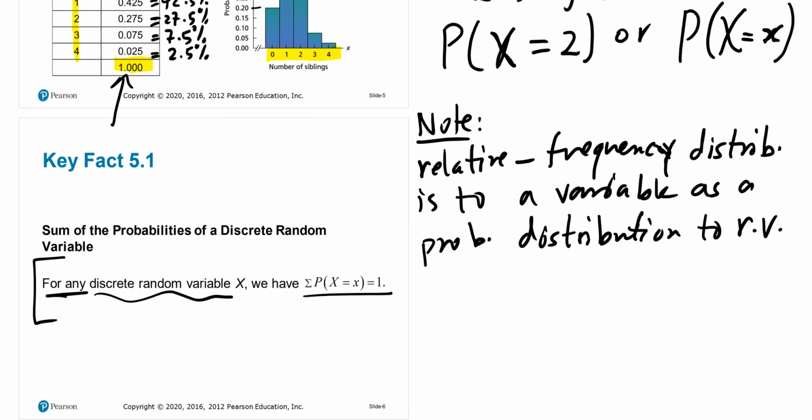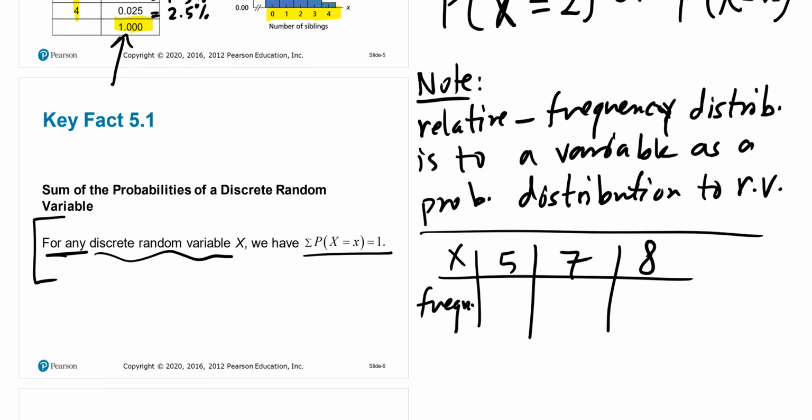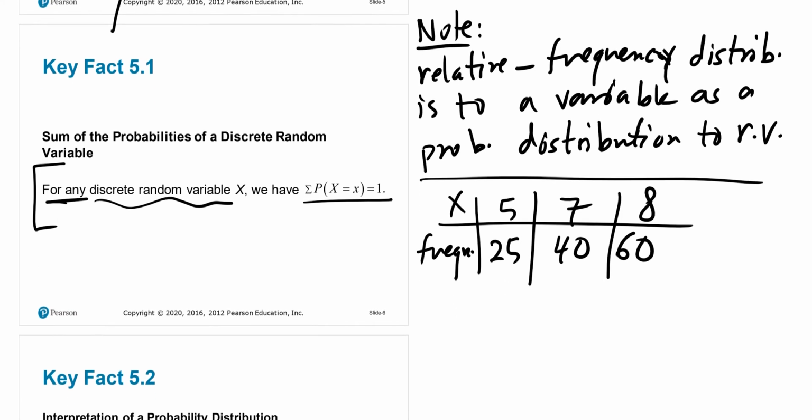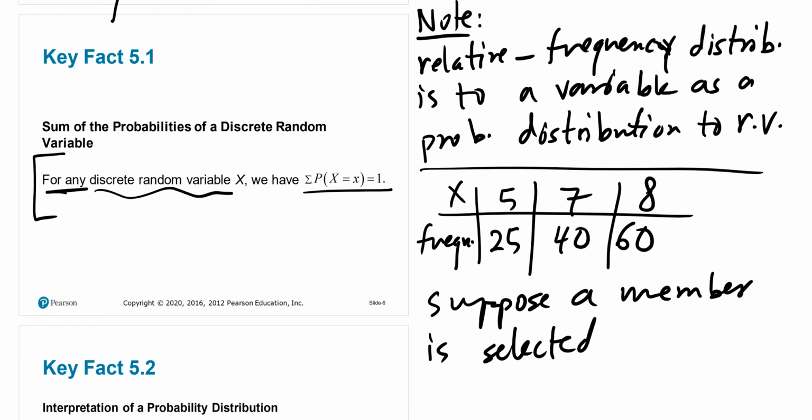So now let's take a look at another example. Let's say we have the random variable x with values 5, 7, 8 and frequencies 25, 40, and 60. Suppose a member is selected at random.